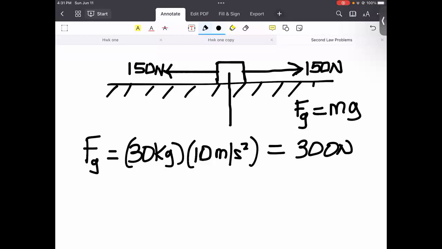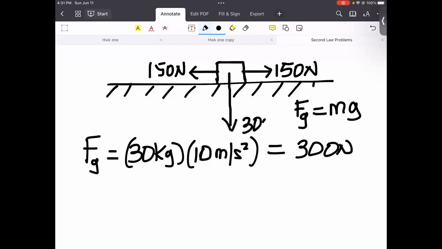So make it shorter here, and also this one, I'll make it a little bit shorter, because the longer the arrow, the larger the force, and vice versa. So I'm going to make it shorter, 150 newtons here, and this one, 150 newtons. Then this one will be like double that, 300 newtons.